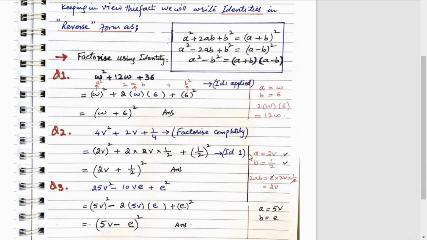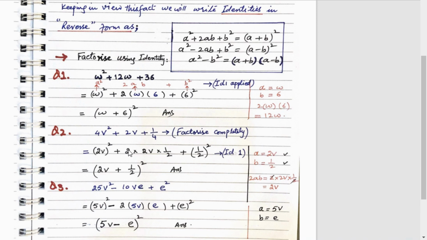So it's very easy now to write down 2ab in the center. Write down the 2 of the formula, multiplied by A, which is 2v, multiplied by B, which is 1 by 2. Can you see? We can cut down these 2, but there is no need at all. Right now, we are not simplifying the term, so don't cut this 2 with this 2.